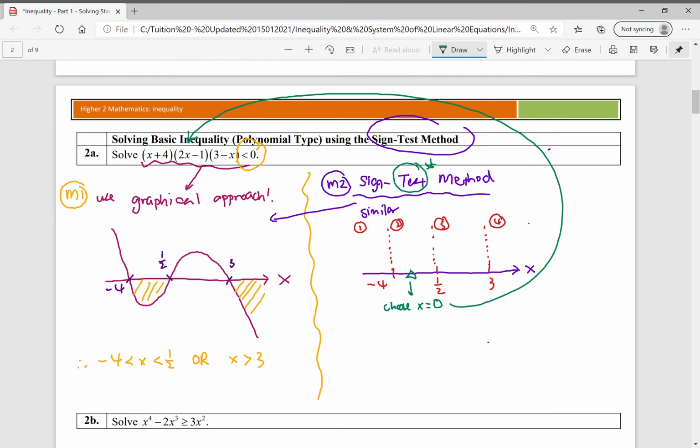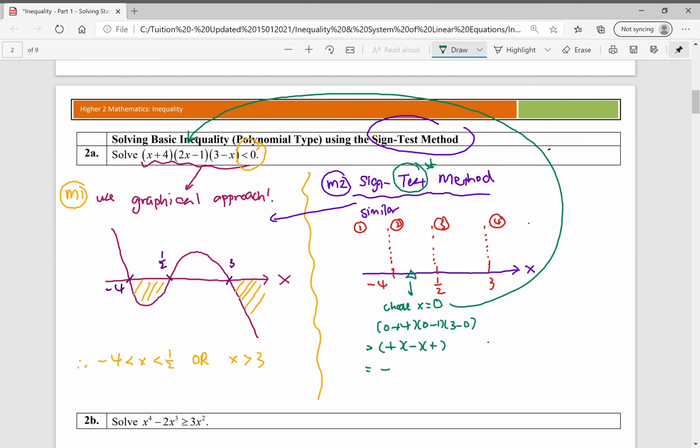So when x equals 0, I will have 0 plus 4, 0 minus 1, and 3 minus 0. I multiply them together. I notice that it's a positive value multiplied by a negative value multiplied by a positive value, from each of the factors, and I will get an overall sign of negative.